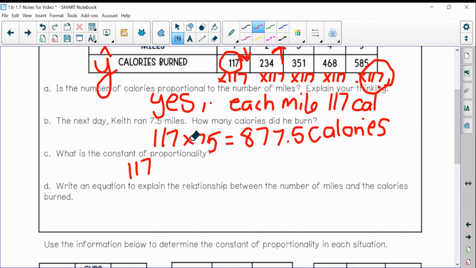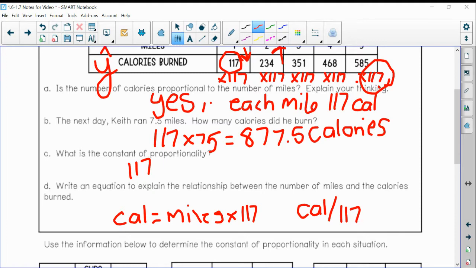Well, we did it. Calories equals the miles times 117, or calories burned divided by 117 equals our miles.